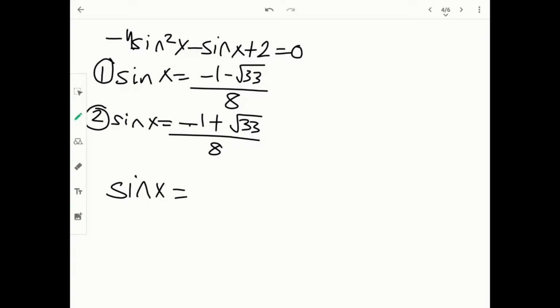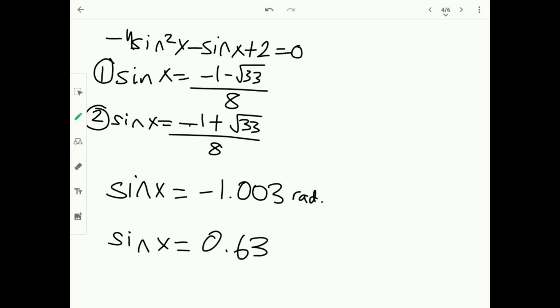We get minus 1.003 in radians, obviously. And for the second one, shift sine of minus 1 plus radical 33 over 8, we should get 0.635.